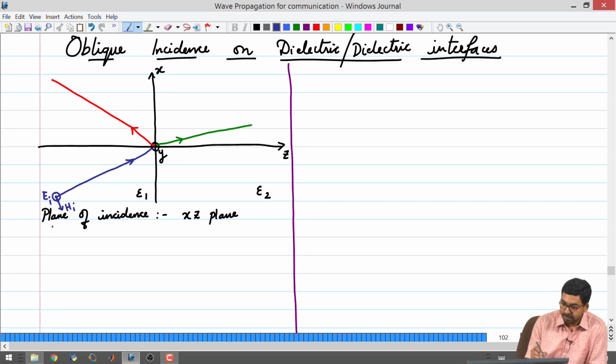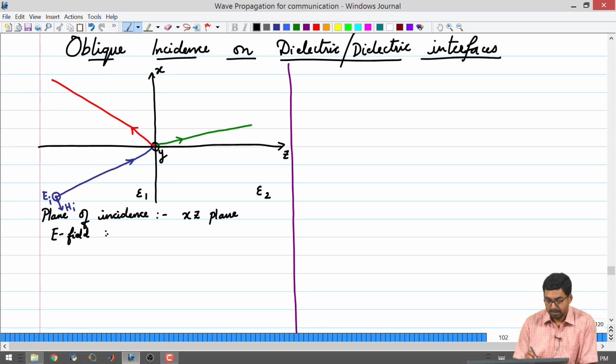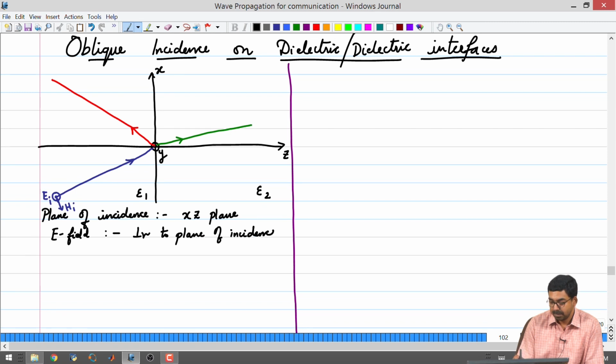Okay. E field here has only y component, okay. It is perpendicular to the plane of incidence and such a configuration we call this as perpendicular polarization.